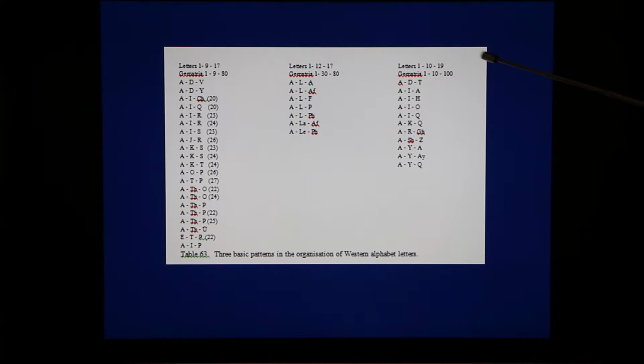And 1, 10, and 19 gives me 1 plus 10 is 11 plus 100. We're back at 111. Yes? And that gives me ADT, AIA, AIH, AIO, AIQ, AQH, and so on. So we have primitive alphabets that lead to 90.